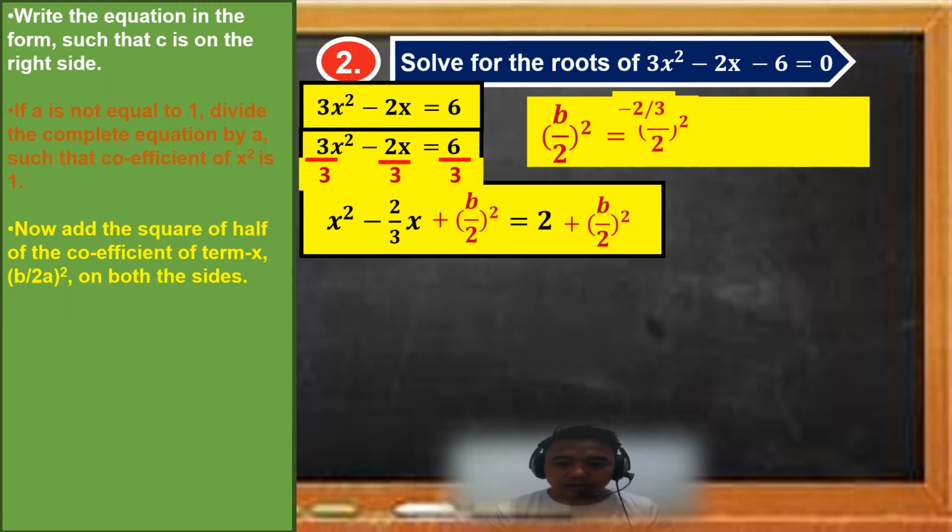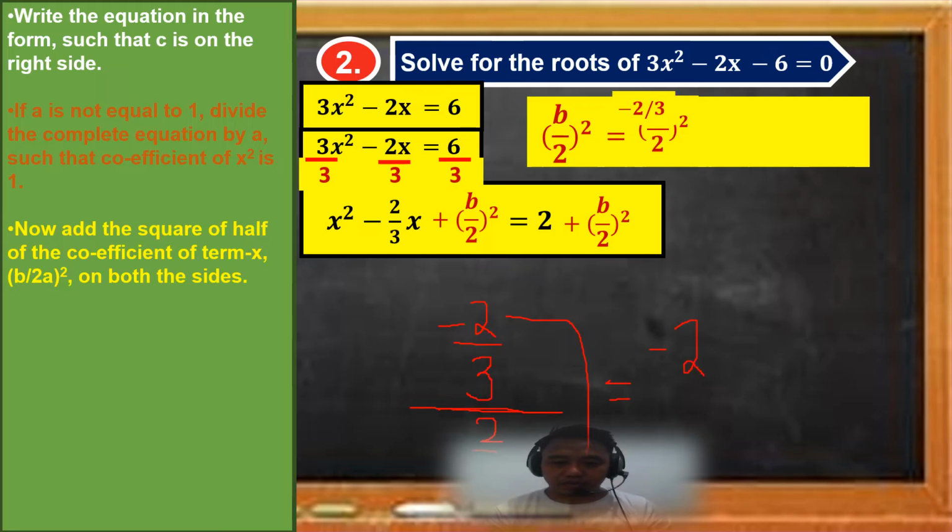Ganito lang po yan. Negative 2 over 3, over 2. Over 1 yan, si 2. Ito yung ating division, di ba? Negative 2/3 over 2. So, imumultiply niyo lang yan para yung shortcut natin. Negative 2 times 1 is negative 2.